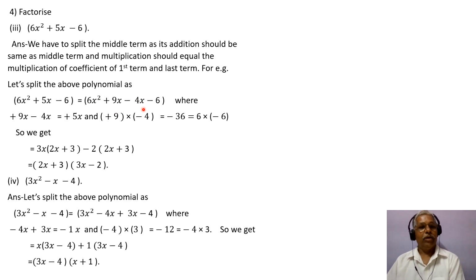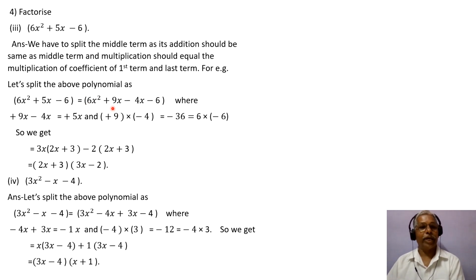Okay, now, because we want a minus 36, you should have one minus sign in this. Okay, so see it is given here where plus 9x minus 4x is plus 5x. Okay, and plus 9 into minus 4 is minus 36, that is this 6 into minus 6.